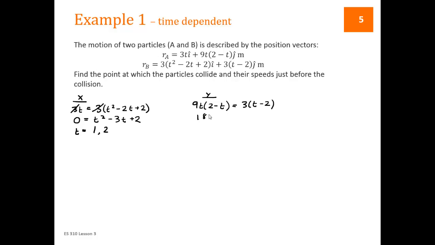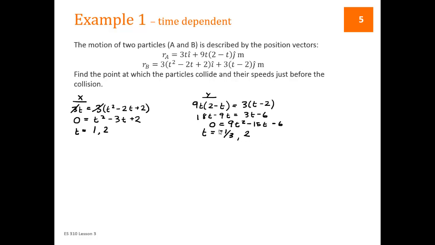We get 18t minus 9t squared is equal to 3t minus 6. Move things over, we get 0 is equal to 9t squared minus 15t minus 6. And we solve that as a quadratic equation. We get t is equal to either negative 1/3 or 2.